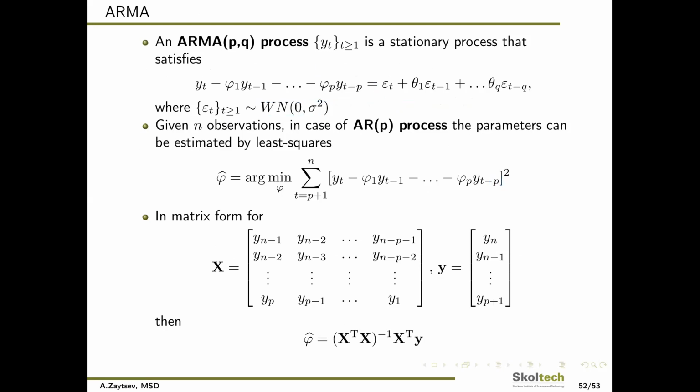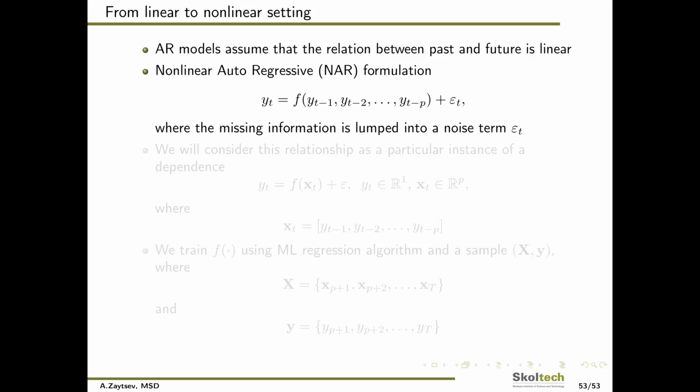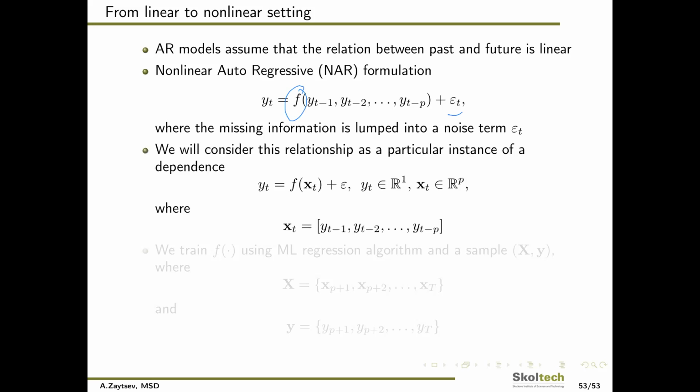For moving average, we can also opt for some maximum likelihood solutions, but we will not discuss it right now. We also can provide a more complex model for the autoregression part. We can assume that this is some parametric function plus some noise. This is autoregression, but instead of a linear function of the previous observations, we have some nonlinear function.